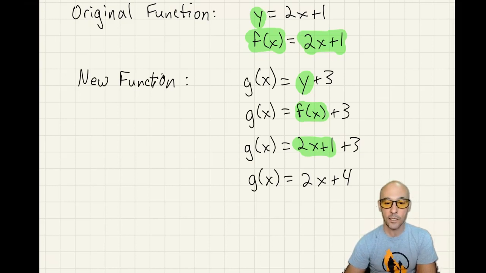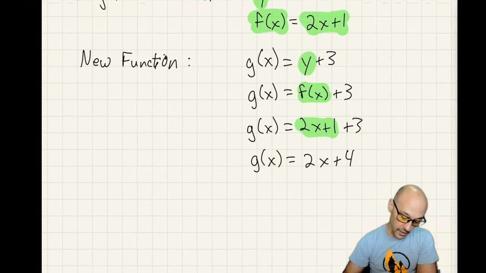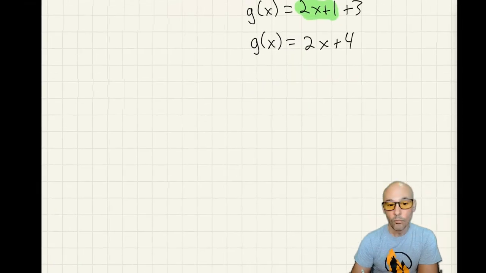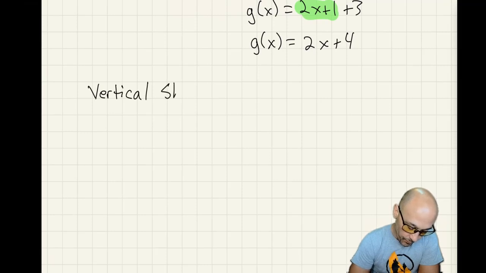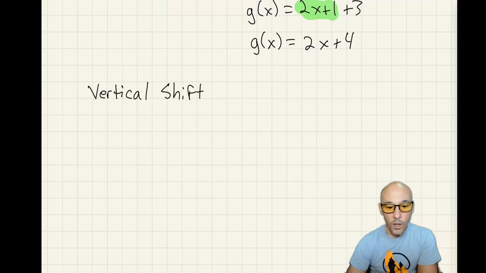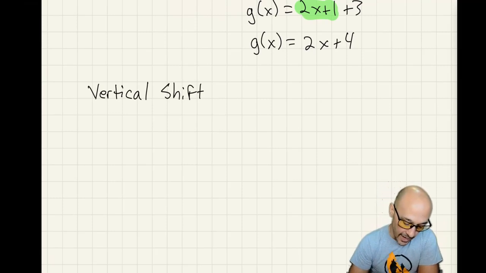And that is going to be an important thing to notice, that what we're actually doing here is, a vertical shift will happen anytime a constant is added to a function.